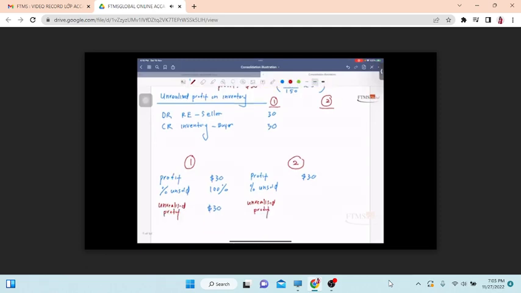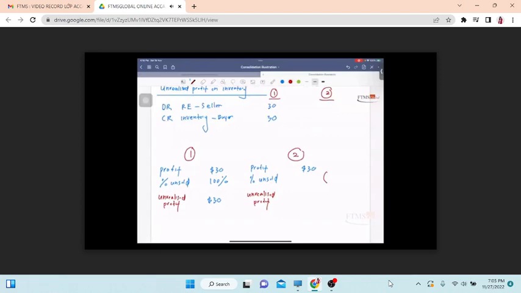Okay, so I'll put it here. To calculate the percentage unsold, I just need to use 90 minus 54 over 90, expressed as a percentage. If I do that, 90 minus 54 divided by 90, I'll get 40%. So 40% times 30, I will get 12 here.